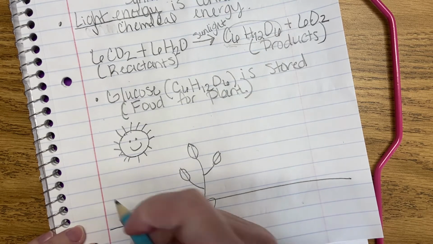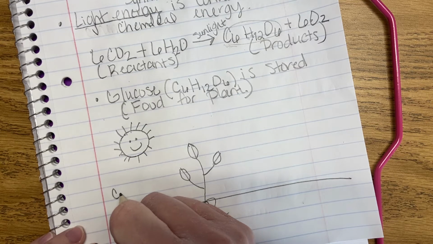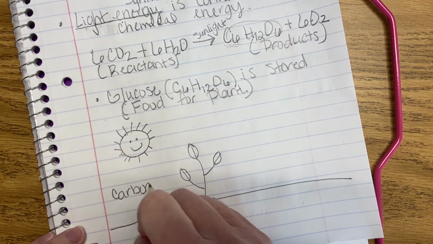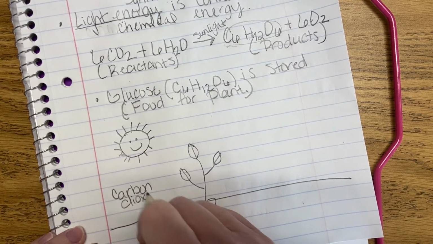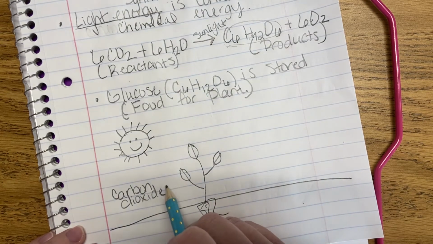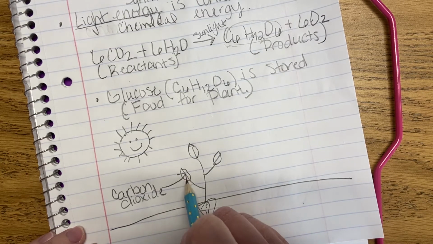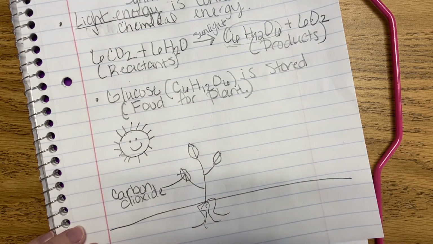Okay, so carbon dioxide, CO2. Okay, we exhale carbon dioxide. Okay, so plants need carbon dioxide to make photosynthesis. So the plant will inhale carbon dioxide into its leaves.